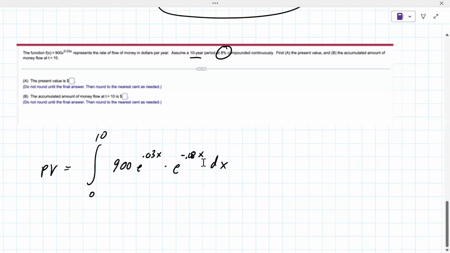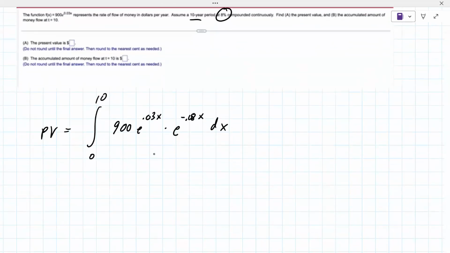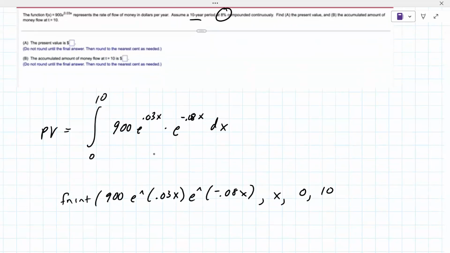Now in the classroom, they might have you simplify this, but you don't have to for what we're doing. So again, it's that fnInt(900e^(0.03x)e^(-0.08x), x, 0, 10).